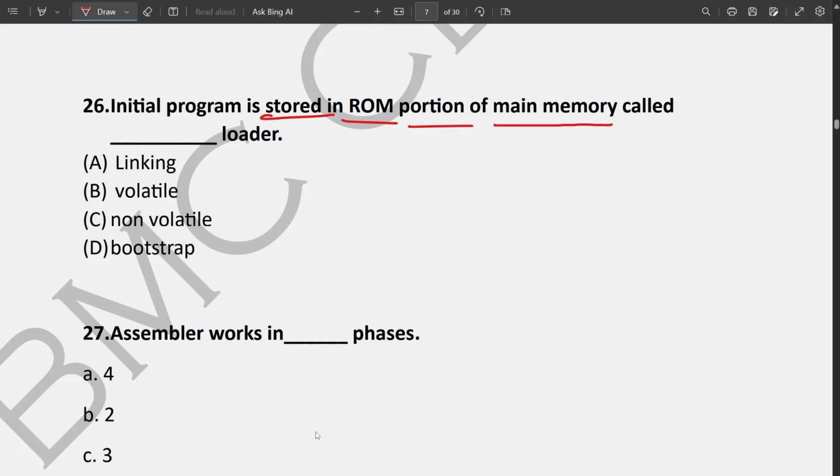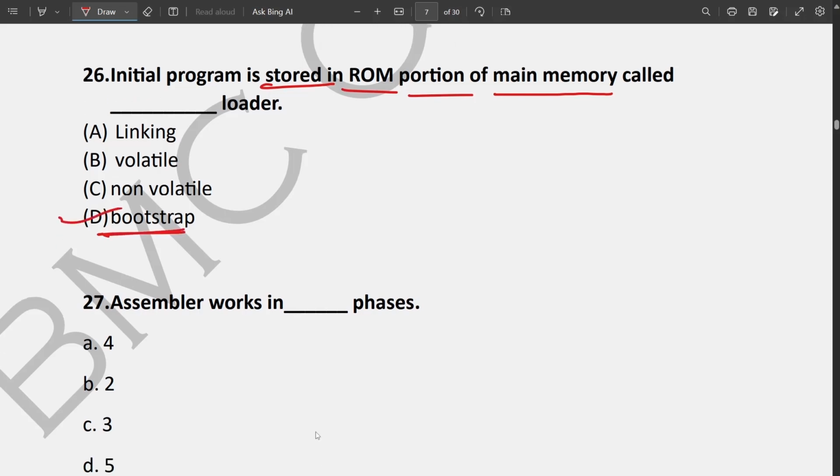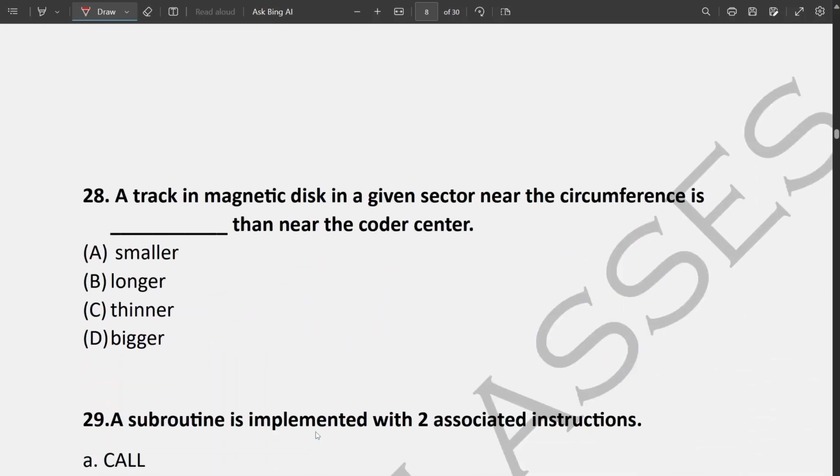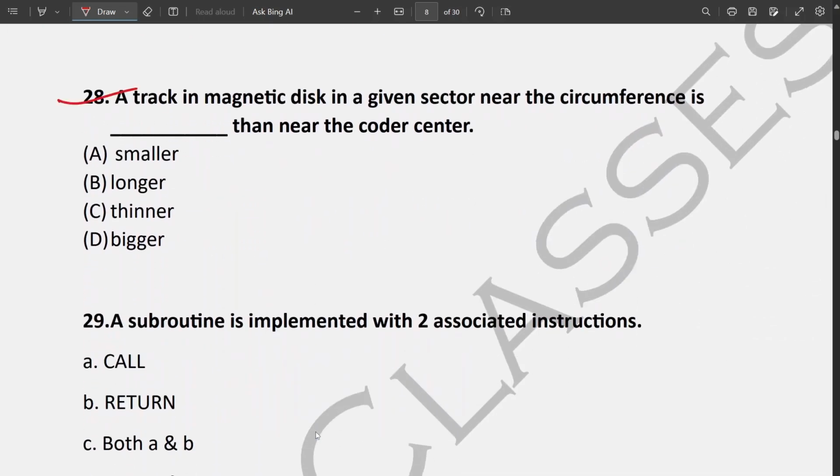The answer will be bootstrap. Next, the assembler works in 2 phases. Next, a track in a magnetic disk in a given sector near the circumference is always longer than near the center.